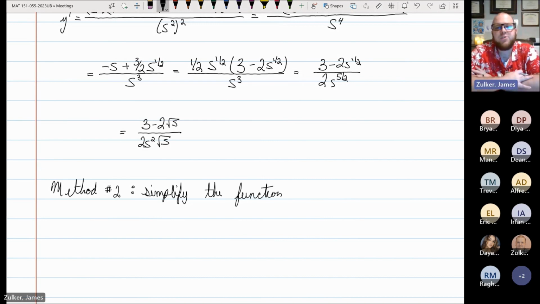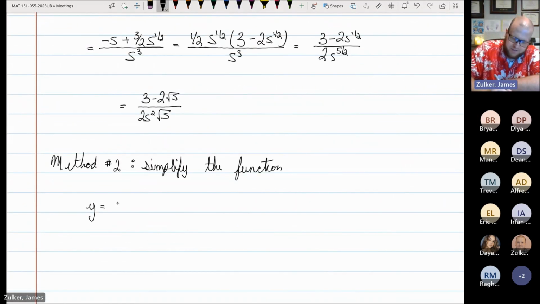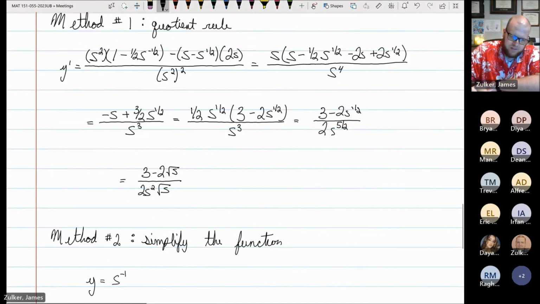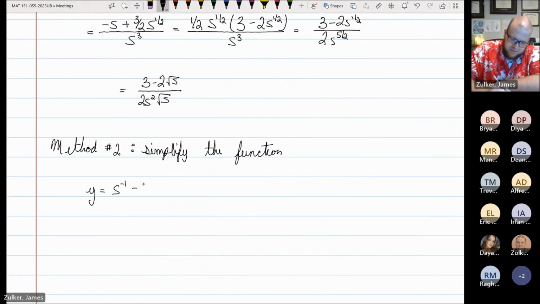We can simplify this function first. And write this as s over s squared, which is s to the minus 1, minus root s over s squared, which is s to the minus 3 halves.